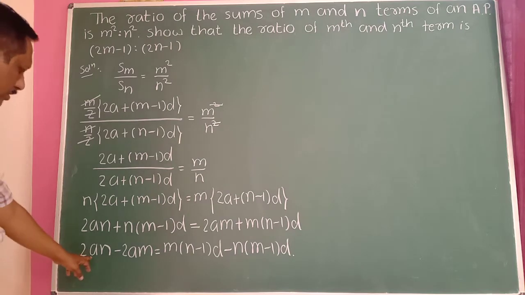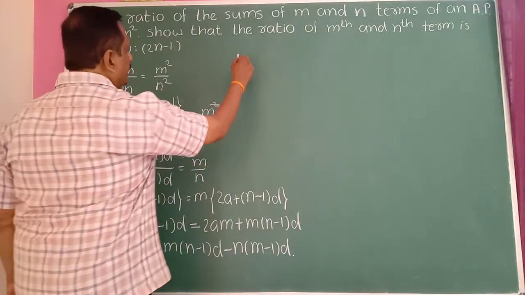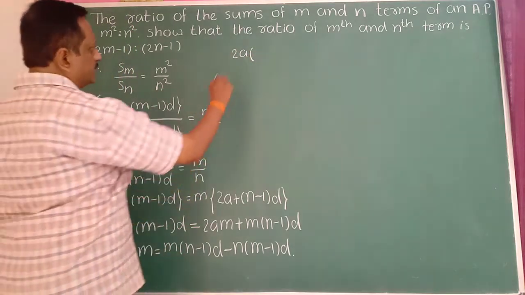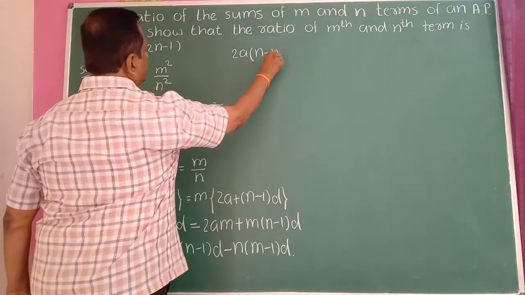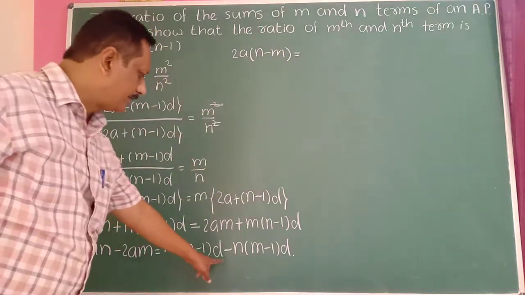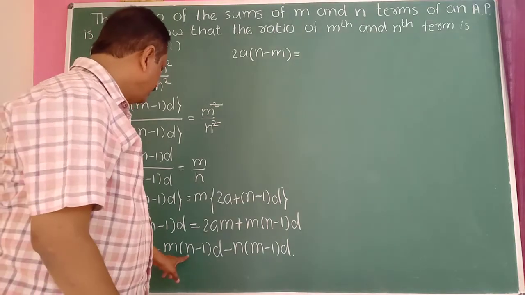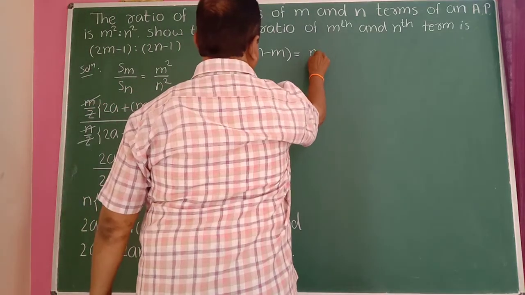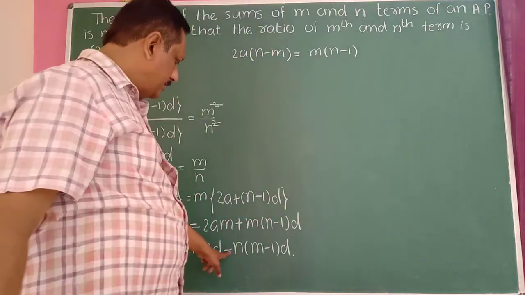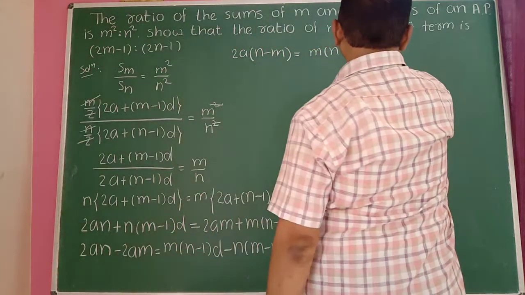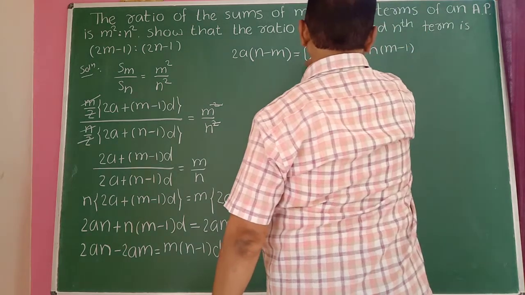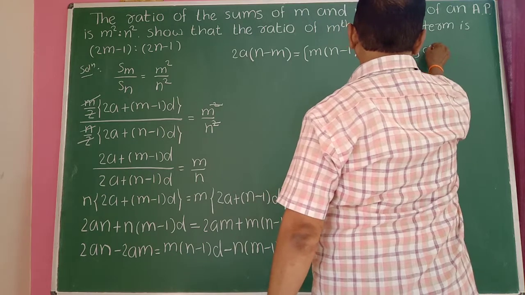Here 2 is the common factor, so write 2 outside the bracket n minus m. On the right, d is the common factor, so write d outside.